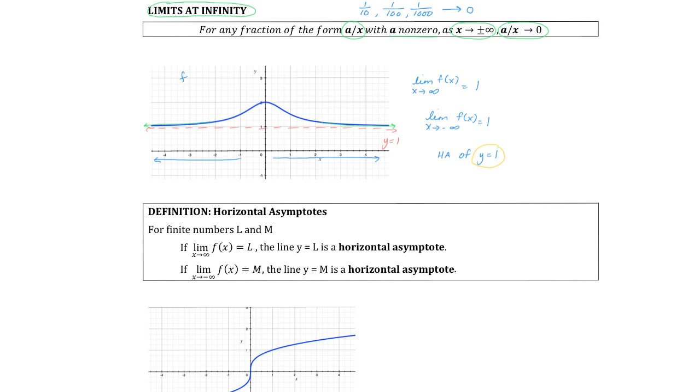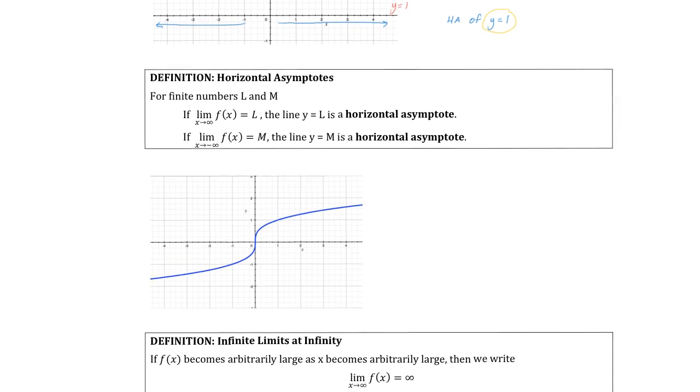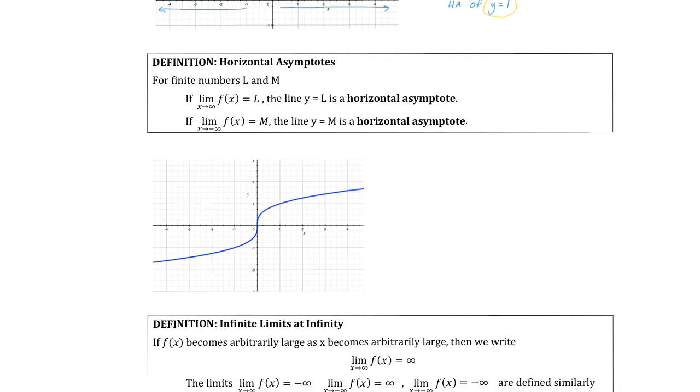So the box below describes horizontal asymptotes using limits. If you have numbers L and M, and you take the limit as x goes to infinity, and it's equal to some number L, then y equals L would be your horizontal asymptote. Remember, I'm just using HA as an abbreviation.